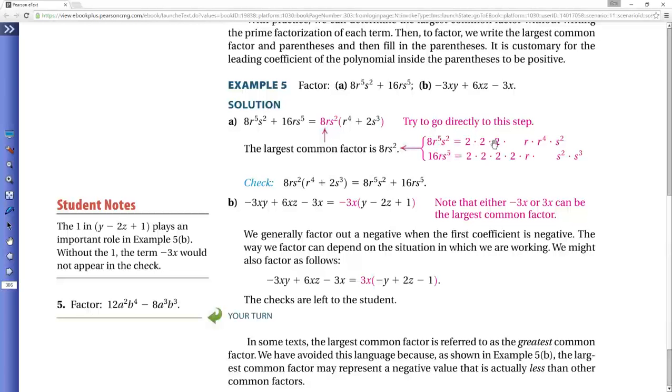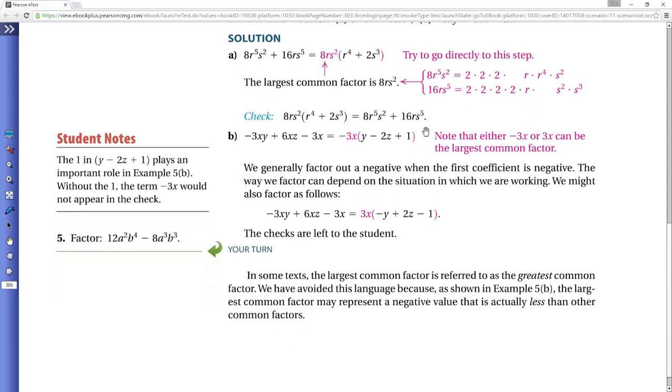I got 2 times 2 times 2, r times r times r times r times r. They should list them out. They only list it once because they know it's only going to match one. And then the s squared matches, so they already kind of know what's going to match up when they list this out. But if you prime factor this whole thing out, and I think when we get to you practice this variable matching, you're going to be able to do this in your head too.